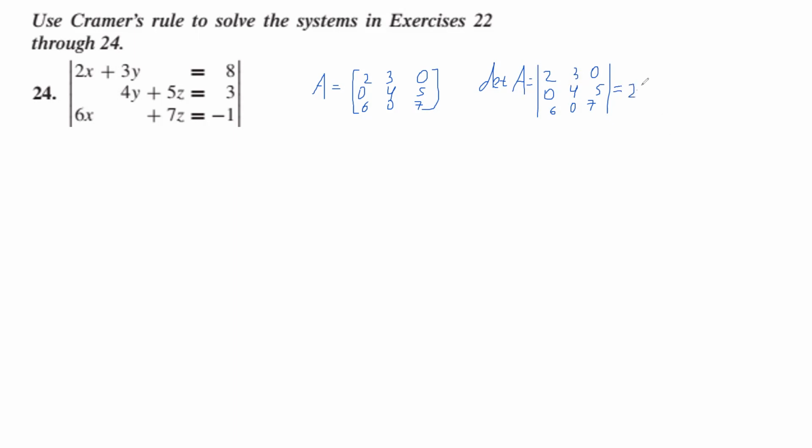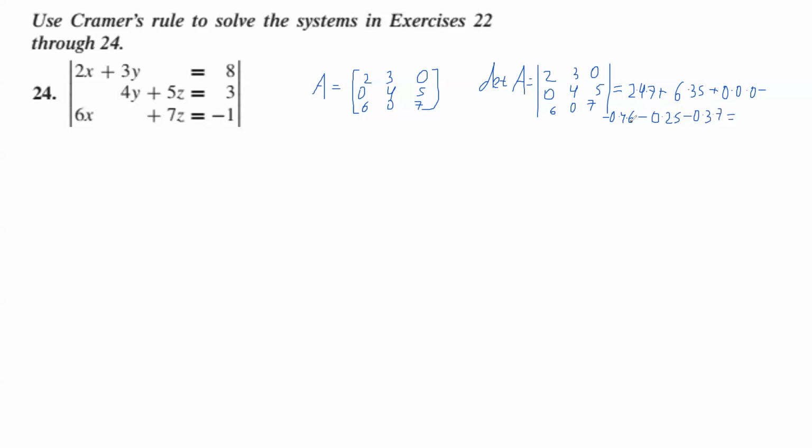So the formula tells us 2 times 4 times 7, plus 6 times 3 times 5, plus 0 times 0 times 0, minus 0 times 4 times 6, minus 0 times 2 times 5, and minus 0 times 3 times 7.